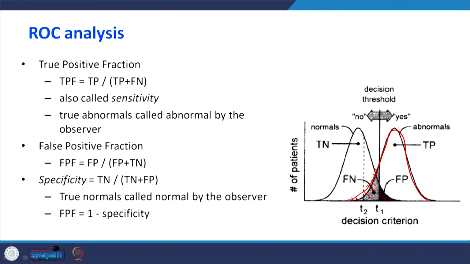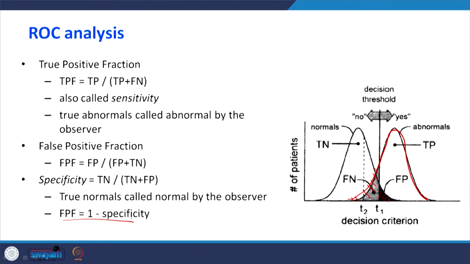The false positive fraction, FPF, is false positive divided by false positive plus true negative. Then specificity is true negative divided by true negative plus false positive. True normals are called normals by the observer. The false positive rate is nothing but 1 minus specificity.